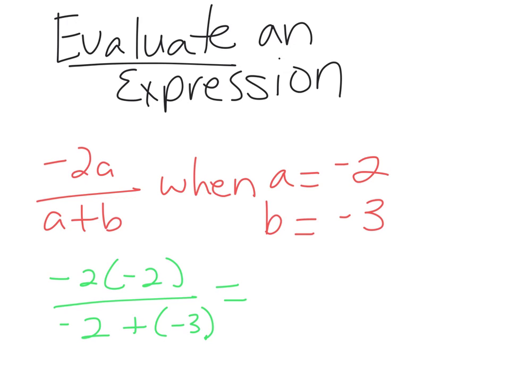We will simplify this. We're going to end up with 4 because we had two negatives there. This is a plus, so we're going to have negative 5 there. And the quotient of two numbers with opposite signs is always negative. So our answer is negative 4 over 5.